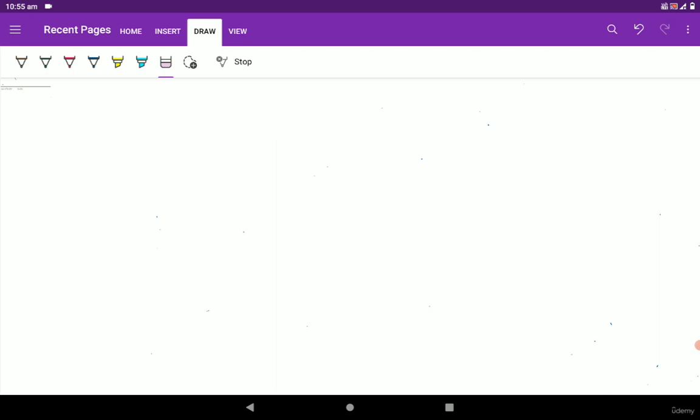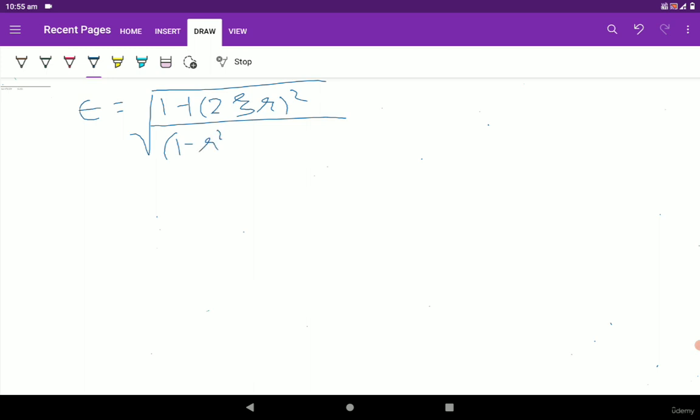The transmissibility is equal to under root of (1 plus (2 zeta r) whole square) divided by ((1 minus r square) whole square plus (2 zeta r) whole square). So this is the transmissibility.